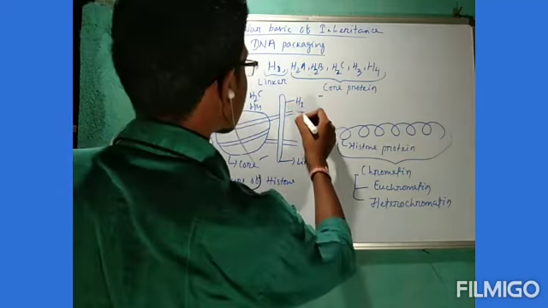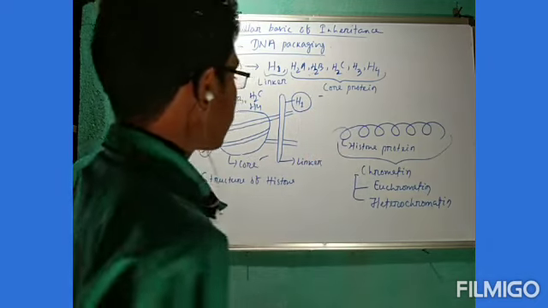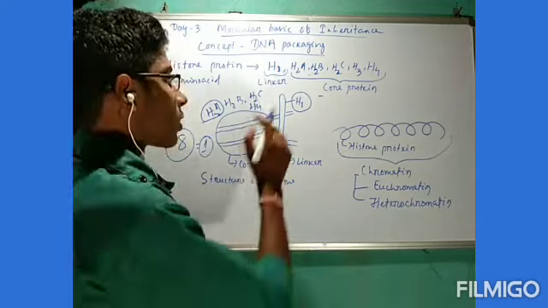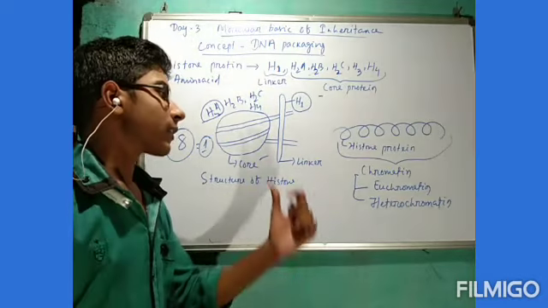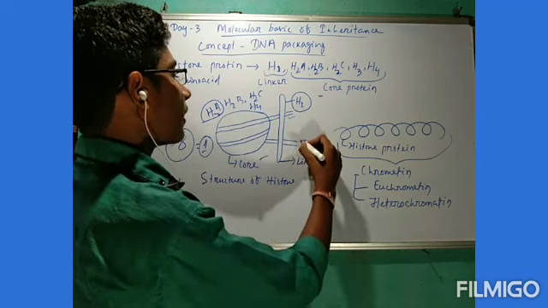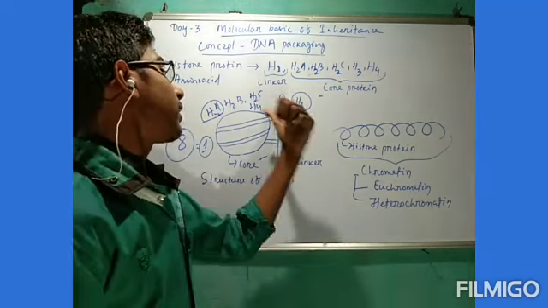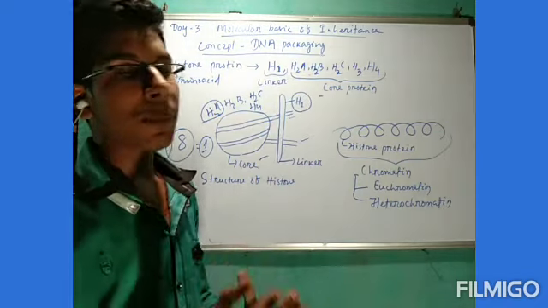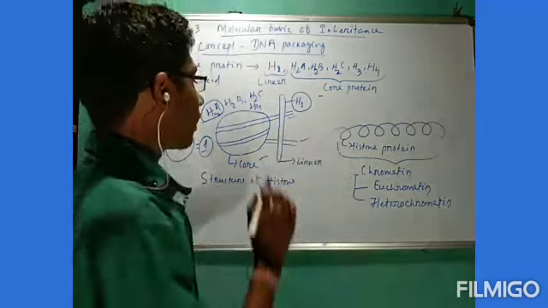But H1 is only one protein, which is called the linker protein. Why is H1 called the linker protein? Because H1 links the two ends of the DNA. The two ends of the DNA are joined by this linker protein.